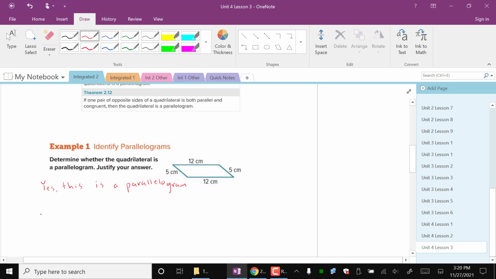And the reason: if opposite sides are congruent, then it is a parallelogram.